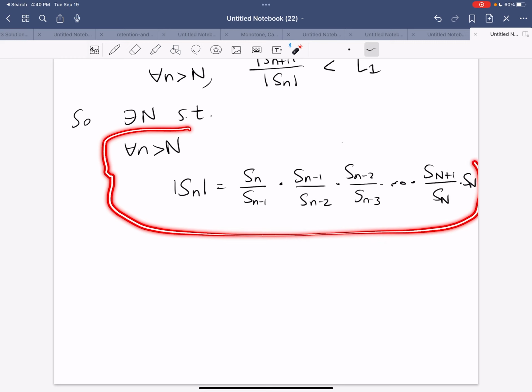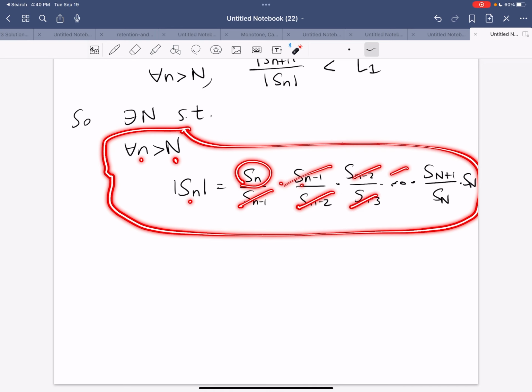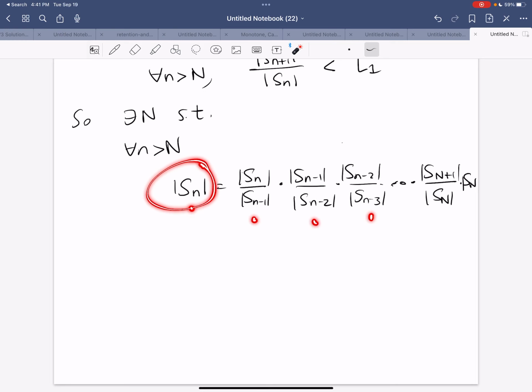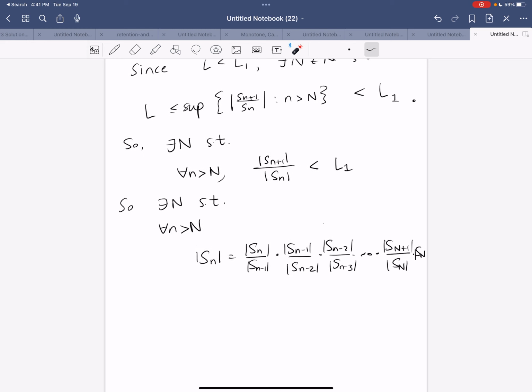We're saying for all indices past N, I can write it this way. See how the S_{n-1} terms cancel out, and the S_{n-2}, S_{n-3}. So everything's going to cancel out. I just need to add in absolute values here. And the reason I'm writing the absolute value of S_n as the product of these ratios is because this is going to allow me to estimate the absolute value of S_n.